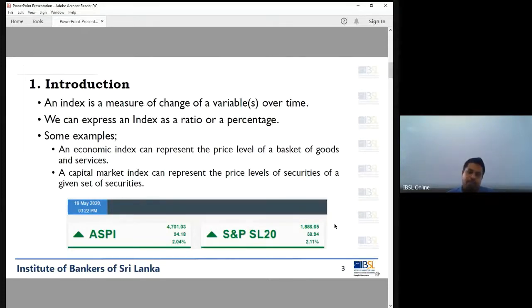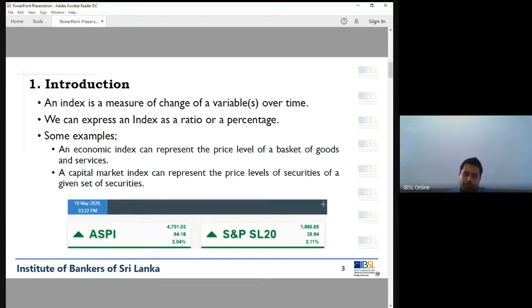So again, I reiterate, all these indices are doing is measuring the weight and the change of weight from one point to the other, represented as a percentage for the easiest comparison.